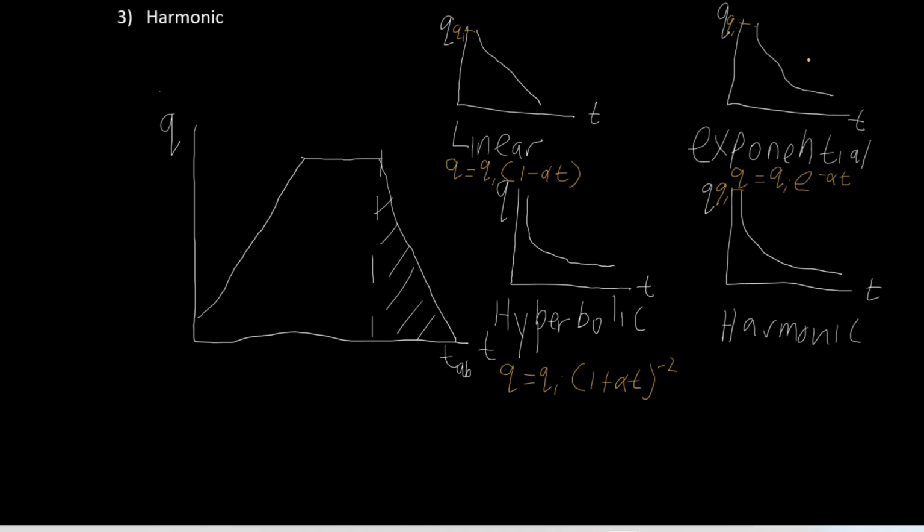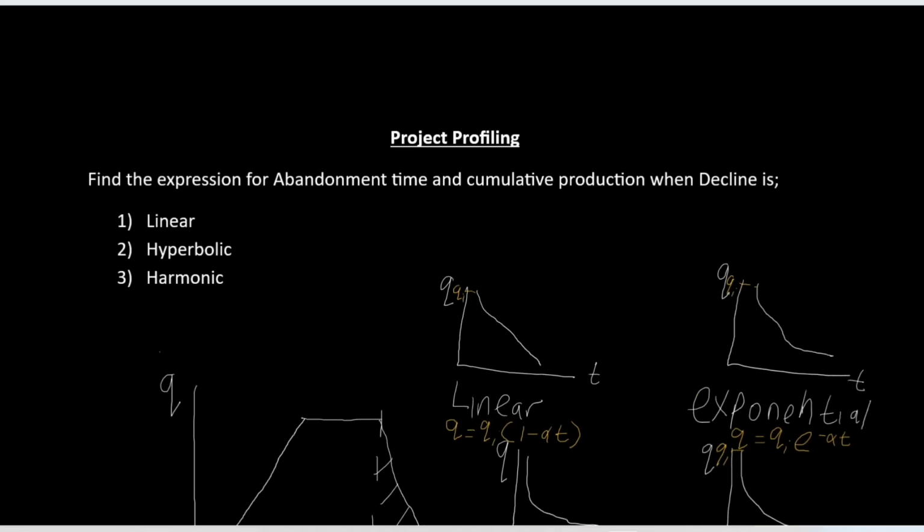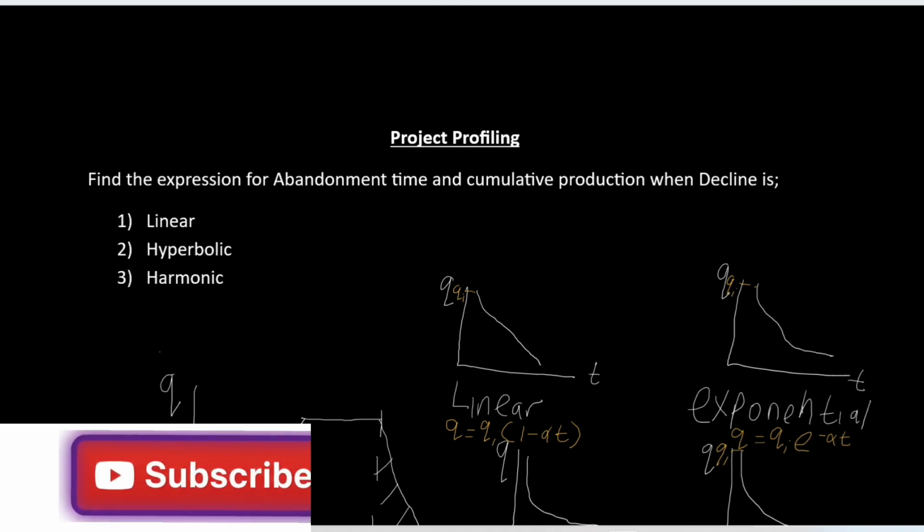Then finally for our harmonic, we have that Q is equal to QI times 1 plus alpha T raised to power minus 1. So this expression is what will differentiate each of them. So our question is asking us to look for what? Abandonment time and what? Cumulative production.